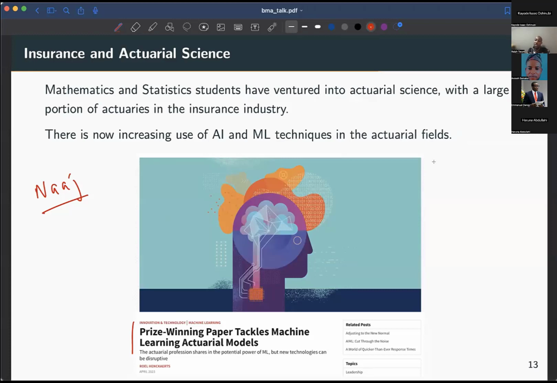And it actually shows how technology can be used to develop different ways to price an insurance policy so that the policyholder benefits and the insurance company does not lose. So there's a lot more now coming to change the way we do things like insurance, actuarial science, or predictive analysis.